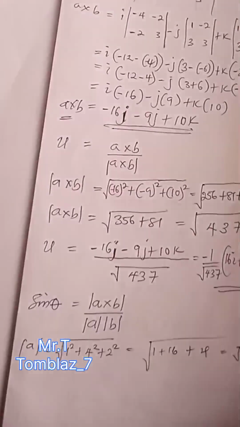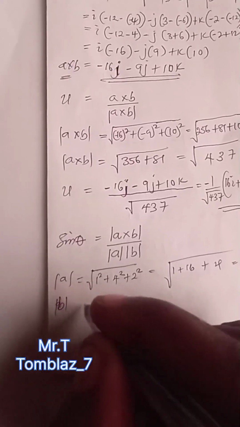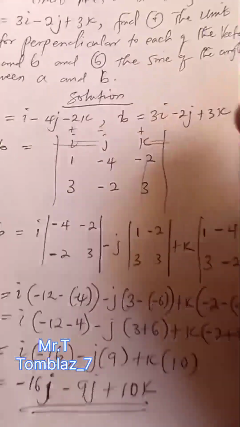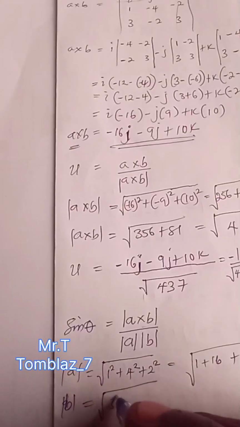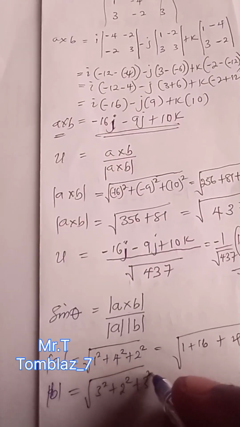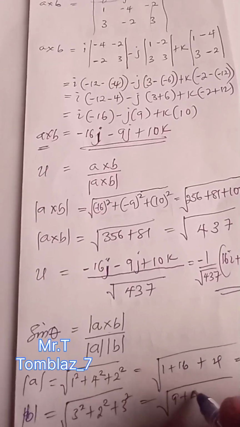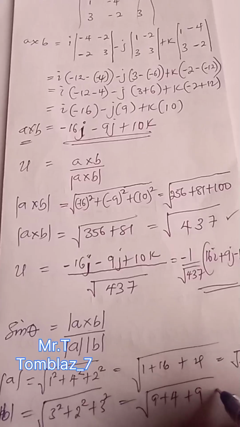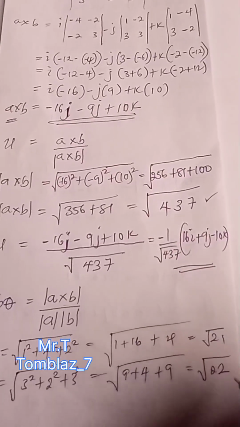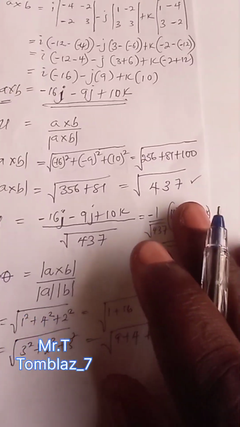Okay, so let's look for the modulus of B. So we have square root of 3 squared plus 2 squared plus 3 squared. So it's going to be square root of 9 plus 4 plus 9. So 9 plus 9 is 18 plus 4, that's 22. Right? So we have square root of 22.